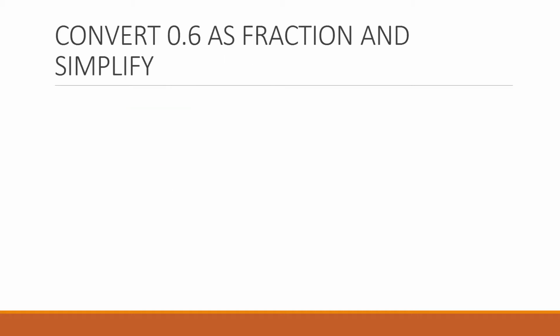For the next one, we are going to convert 0.6 to a fraction and simplify. This time we are going from decimal to fraction. How are we going to do that? The first thing you need to do is write your given number to convert, which is 0.6.